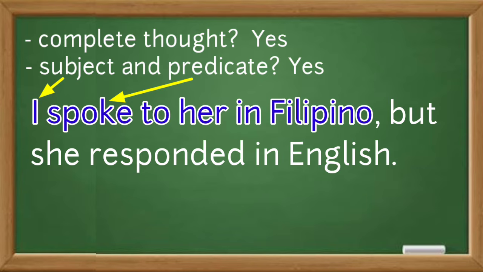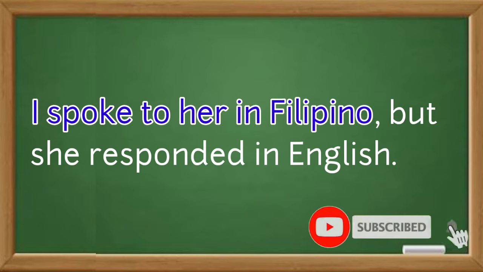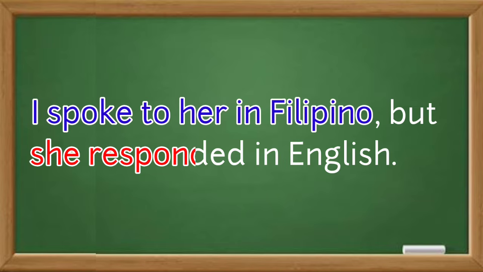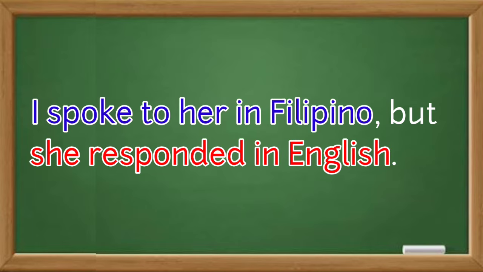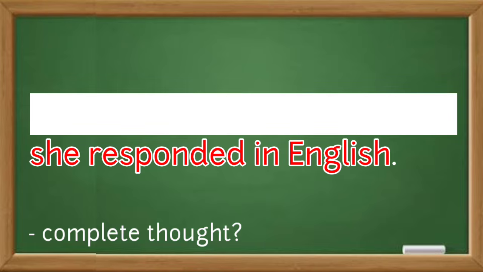Okay, we already have the first independent clause. What about the second independent clause? It is she responded in English. Question: does this clause express a complete thought? Or can it stand alone even if the words before it are no longer included?